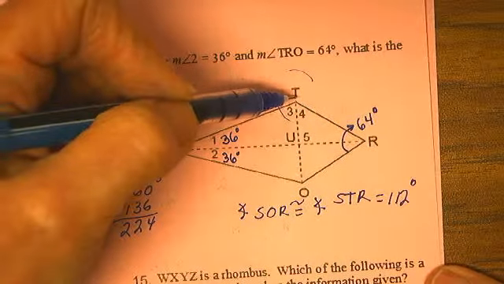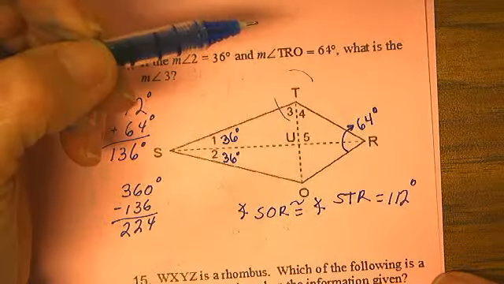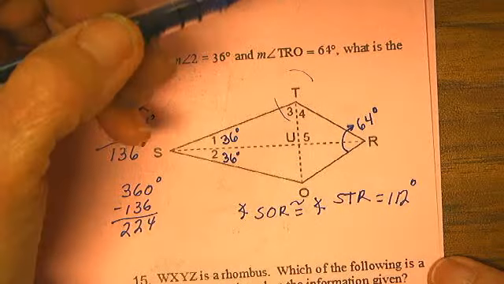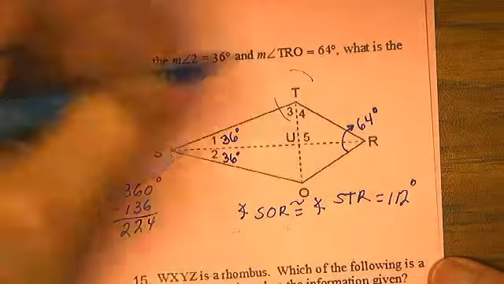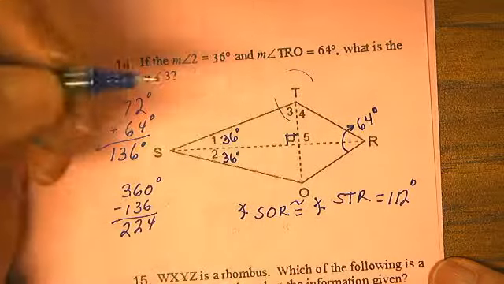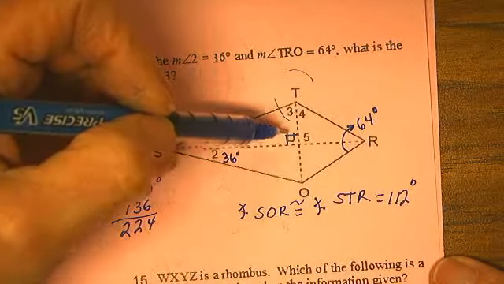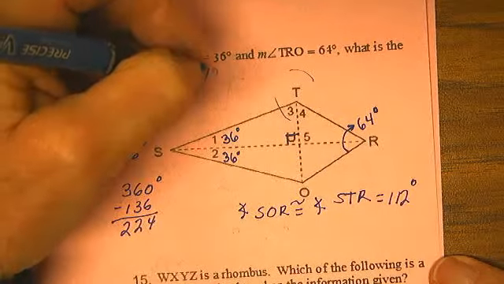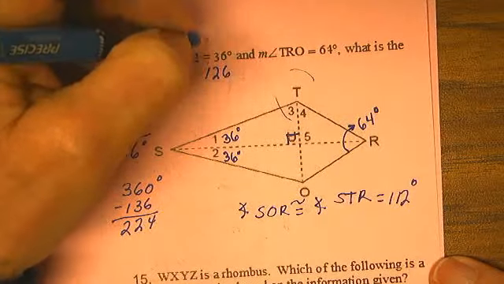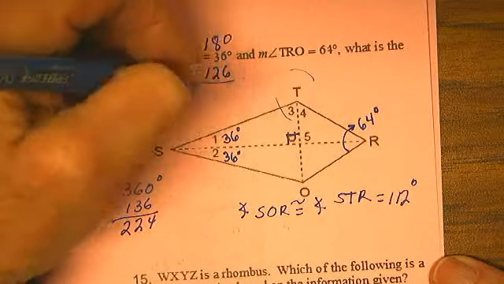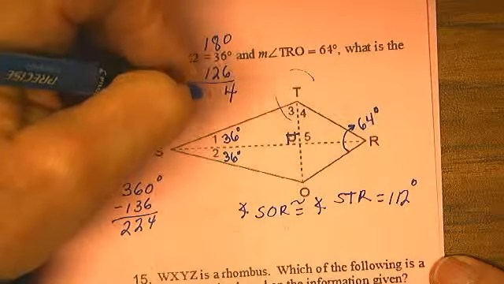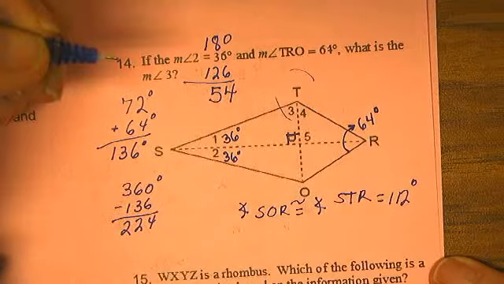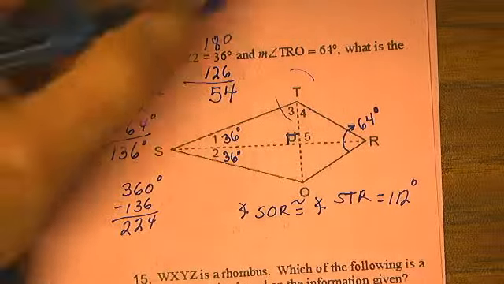But wait, I don't even have to do all of that. I know that this is a 90-degree angle. 90 plus 36 is 126. 126 subtracted from 180 degrees is 54 degrees.